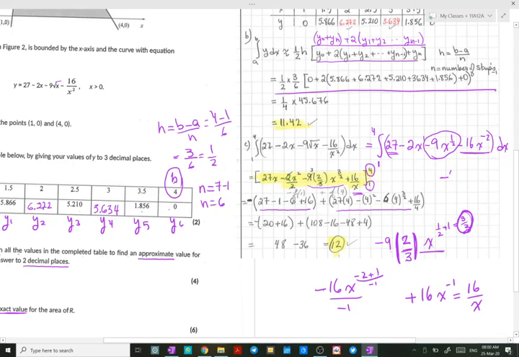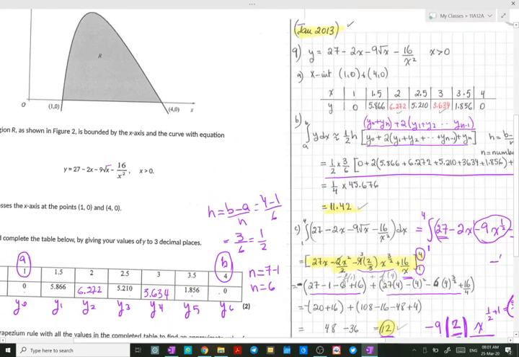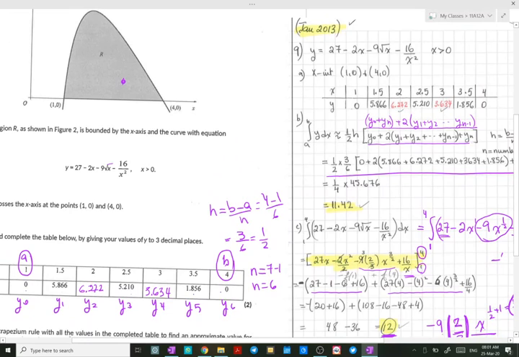Now 12 is the exact value for the region R, because you integrated it. The approximation, which uses the trapezium rule, is 11.42. As you can see, the number 12 and the approximation are very close to each other.